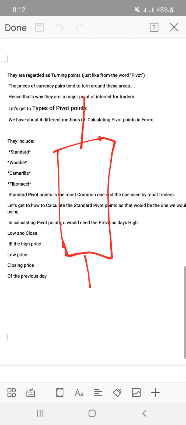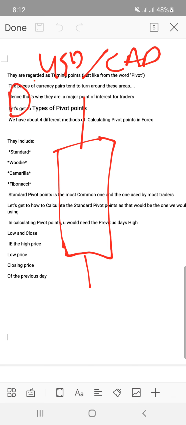So let's say in a market like USD CAD, we need, on the D1 daily time frame, to take note of these points: the low, the high, the open, the close, just like that. So we need to take note of all those points so that we can calculate the vital points we need to take note of for the next trading day.